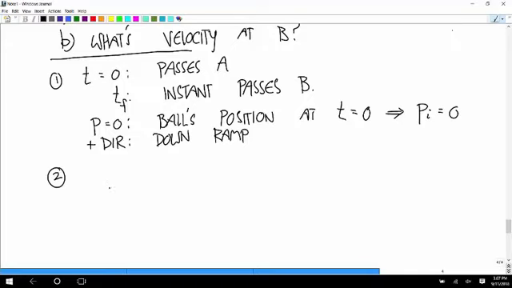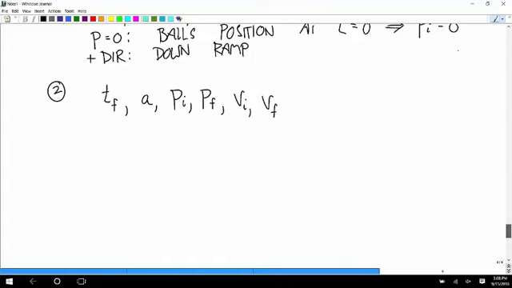And now we'll list out the variables: time final, acceleration, p initial, p final, v initial, v final. And we're going to figure out which of those we know and which ones we want. Okay, so time final. Do we know that? Yeah, we do this time. What's that? Okay, 1 second.